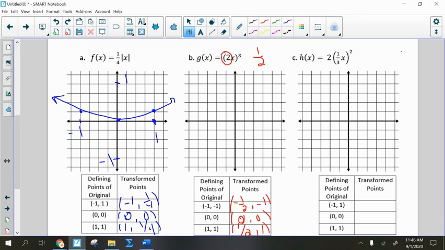And this will be 1, negative 1, 1, negative 1. So I have negative 1/2, negative 1. Oops, that doesn't look so great. I didn't get that well. There we go.